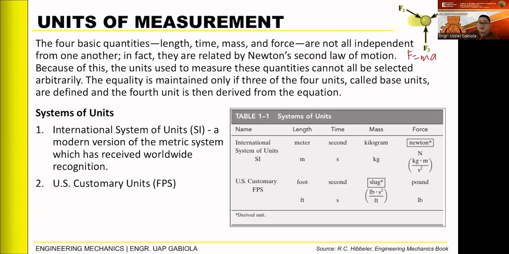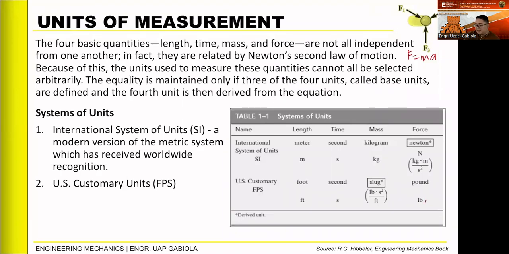For force, we have newtons, which is kilogram meter per second squared, or pound for US customary. Here, there is a pound of weight, a pound of mass, and a pound of force.